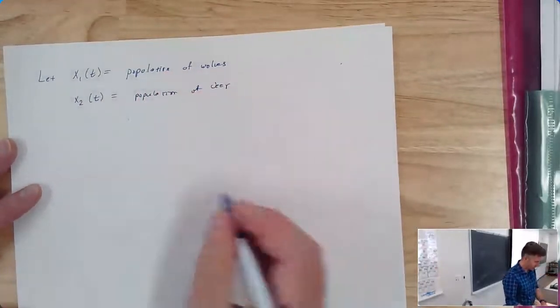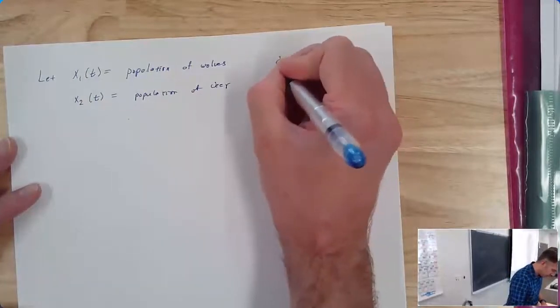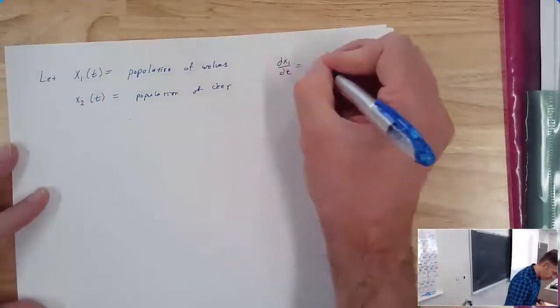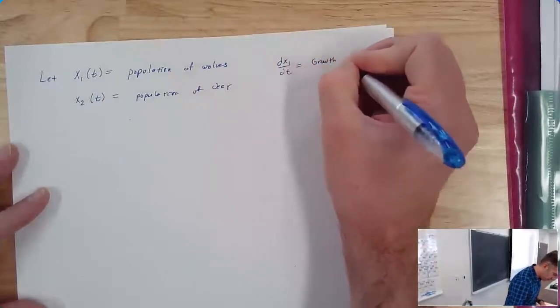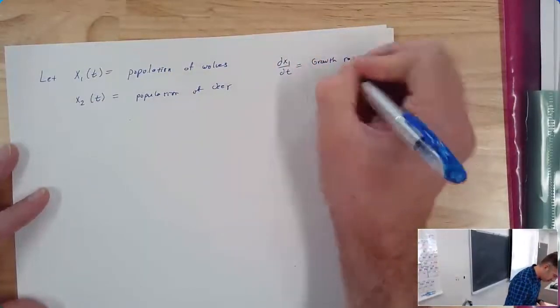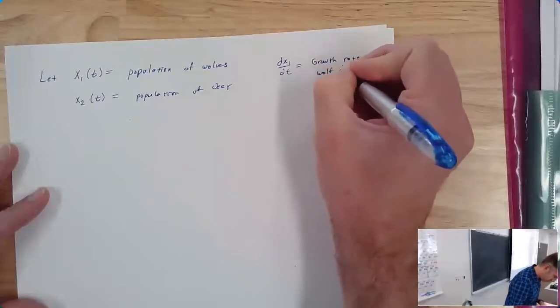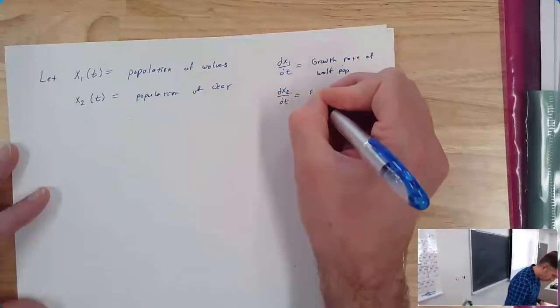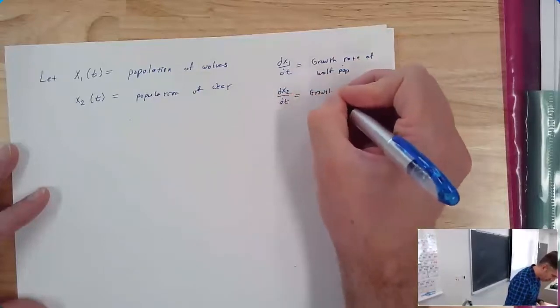And we're going to say that dx1 dt, the derivative of the wolf population, is the rate of growth of the wolf population. So it is the growth rate of the wolf population. And similarly, dx2 dt is the growth rate of the deer population.